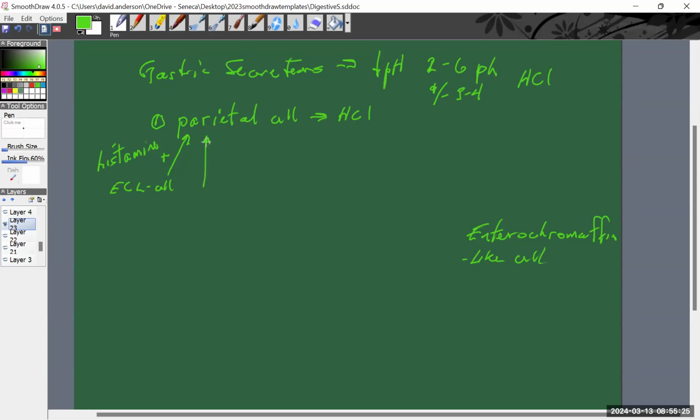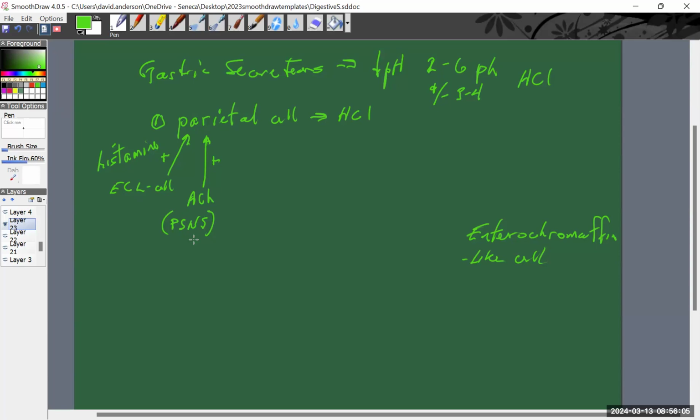We also know that ACH is going to have a stimulatory effect on the parietal cell to produce hydrochloric acid. Where would the ACH come from? What do those initials stand for?